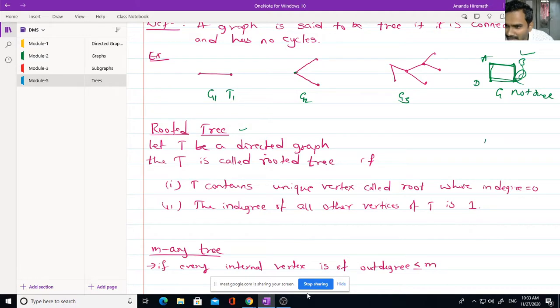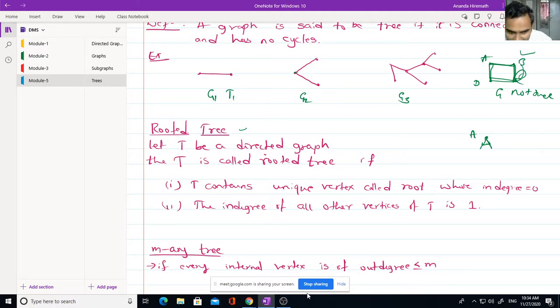It means that, see, this node or vertex, say it is A. Now we assume that its direction is like this. So the out degree for this A is 2, but the in degree is equal to 0. There are no edges coming towards A. So we call such a node the root node.